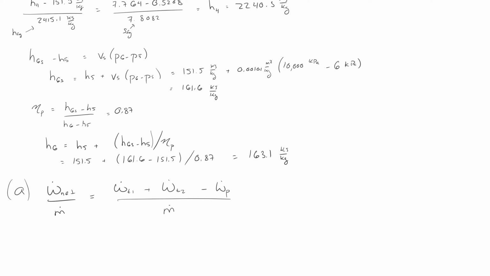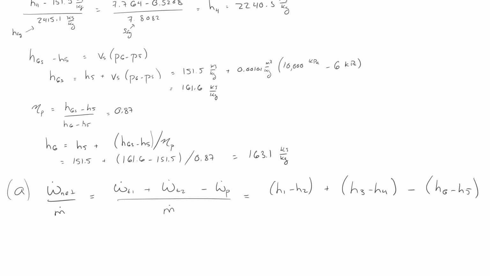Each one of these quantities over m dot is just a difference in enthalpy. For the first turbine, H1 minus H2. For the second one, H3 minus H4. And finally, the work I'm putting into the pump, H6 minus H5.